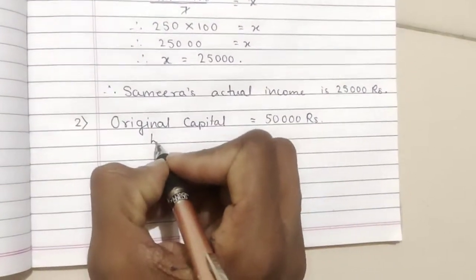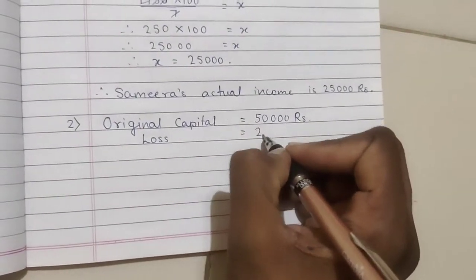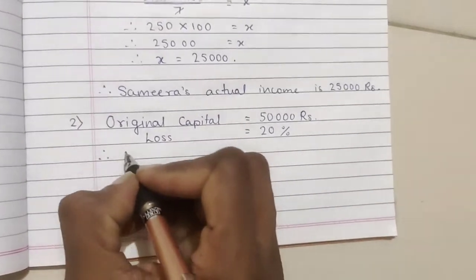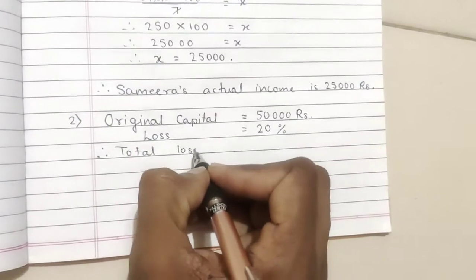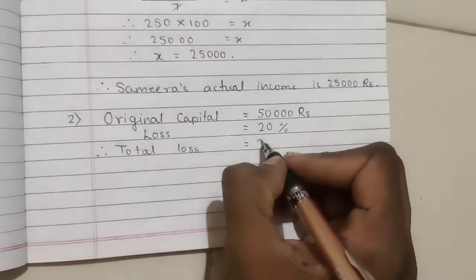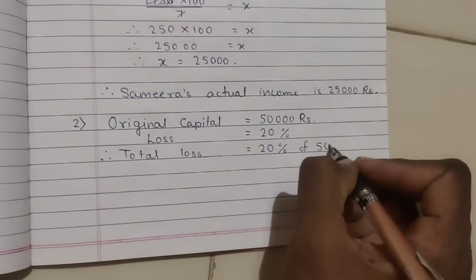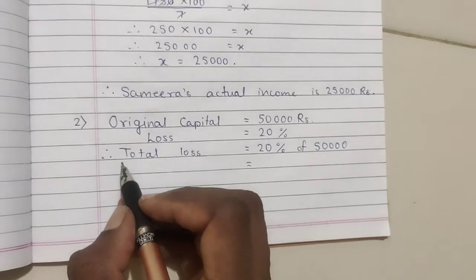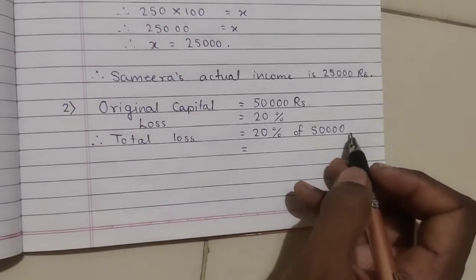Then he got a loss of how much? 20%. Then how to calculate total loss? Total loss is equal to 20% of 50,000. So we are going to find out the total loss, that is 20% of 50,000.